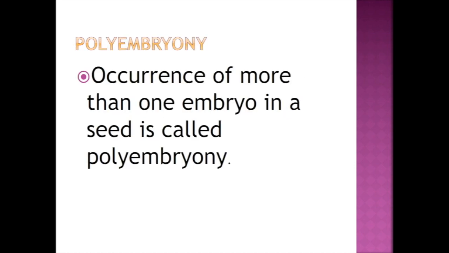Next one. Polyembryony. What is called polyembryony? More than one embryo in a seed is called polyembryony. So, the occurrence of more than one embryo is called polyembryony. So, different types.